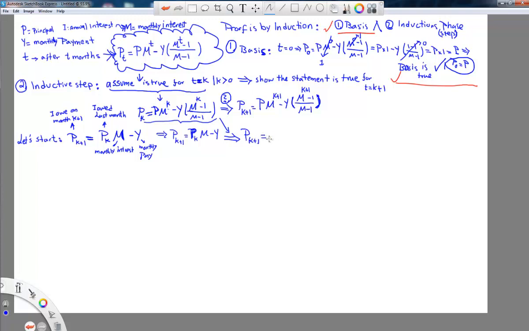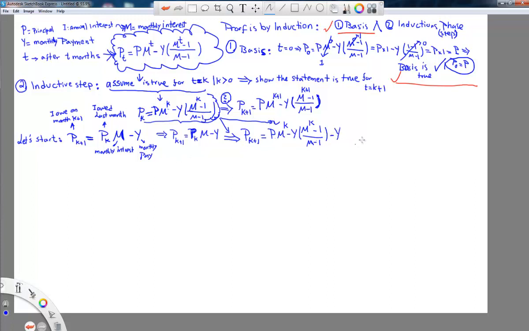So P sub k plus 1 will be equal to P sub k, which according to my induction hypothesis is P times m to the k minus y times m to the k minus 1 over m minus 1. I haven't really done anything crazy yet. I just replaced P sub k with its value, which comes from up here. And remember, I still have to subtract y from it.